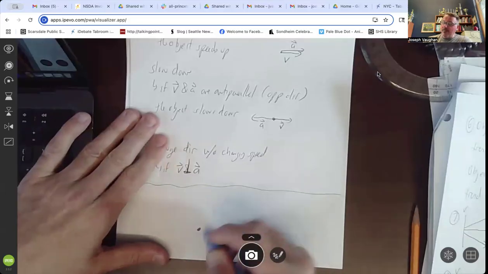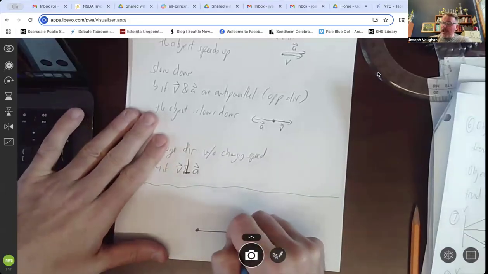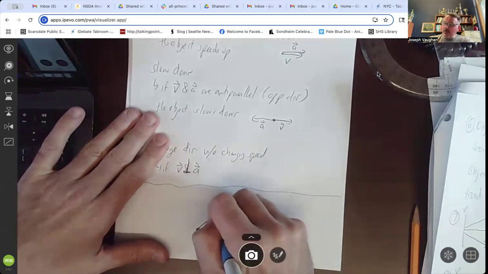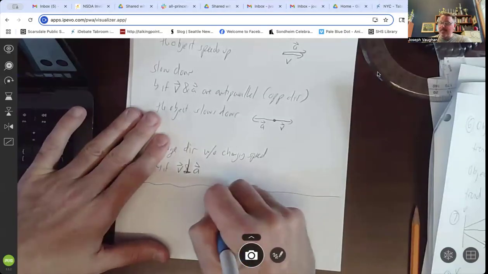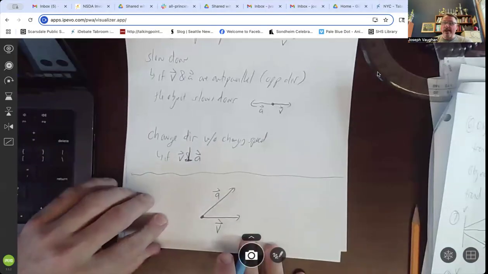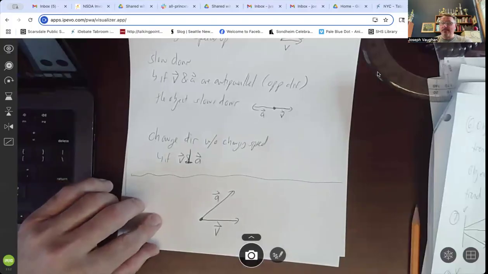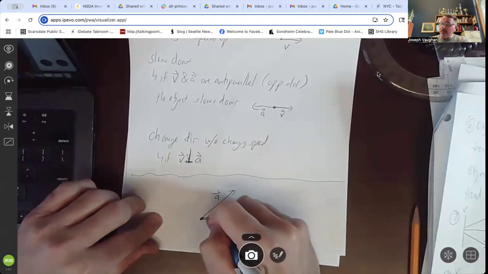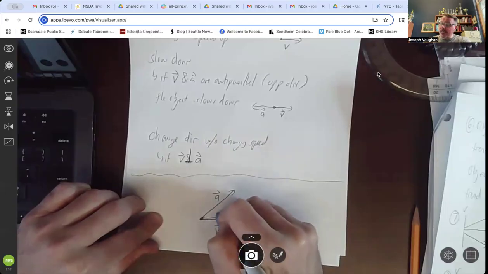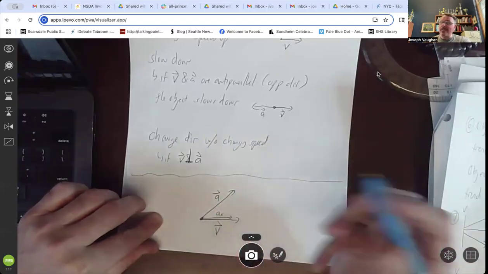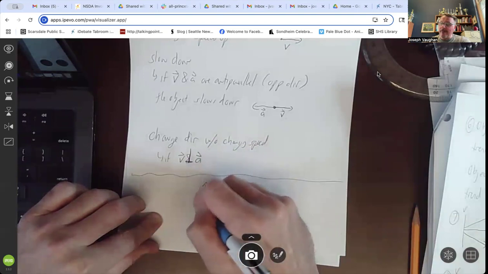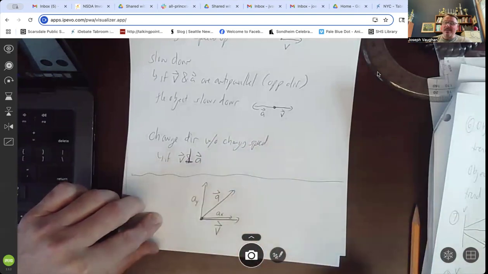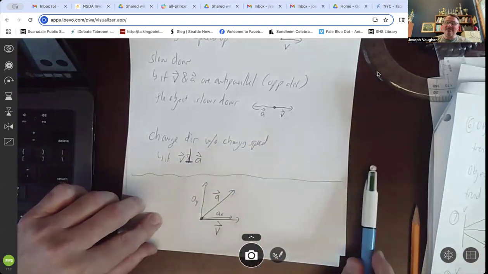If I am moving to the right and my acceleration acts like this at some weird angle, what's this doing? Hopefully you figured out this object is both speeding up and moving in a curved path. And why is that? Because there's a component of the acceleration that's along the velocity, and there's a component of the acceleration that is perpendicular to the velocity, right?